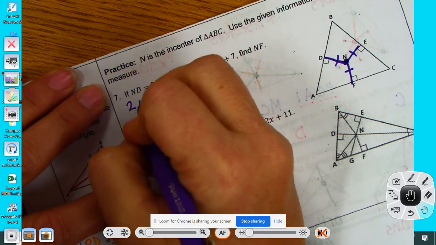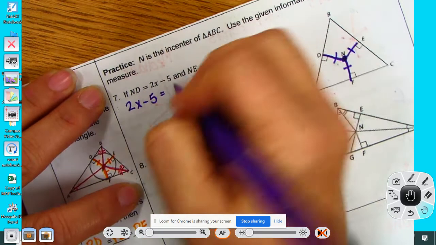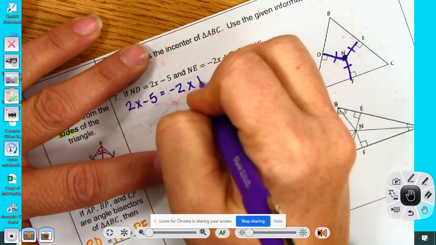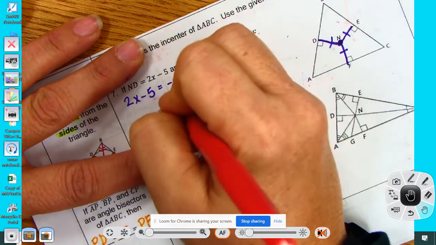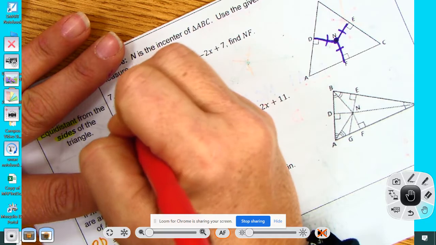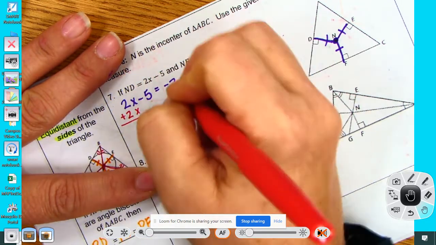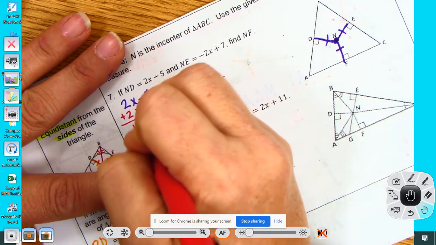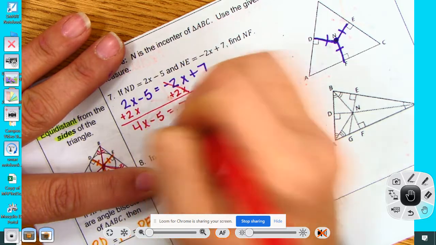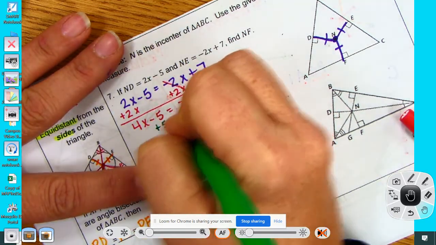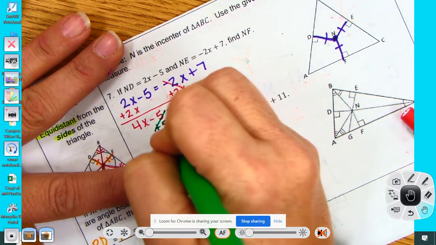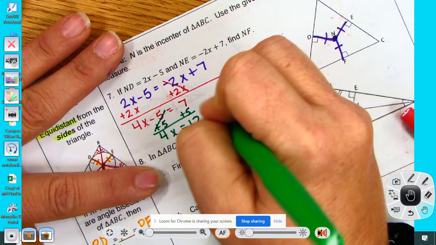So 2x minus 5 equals negative 2x plus 7. I'm going to add 2x to both sides. So I get 4x minus 5 equals 7. Add 5 to both sides. 4x equals 12. Therefore, x is 3.